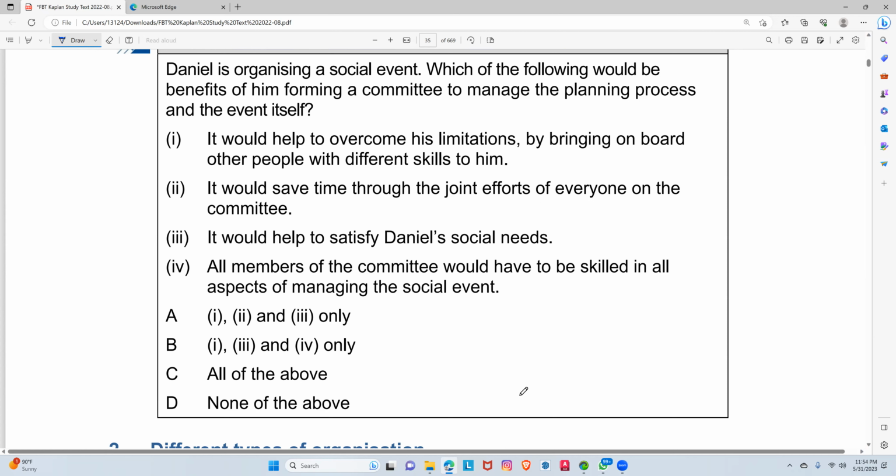So what's the question? Can anyone explain to me what's the question? रेहान बता क्वेश्चन क्या है? क्वेश्चन क्या है ये बताओ. ओके.